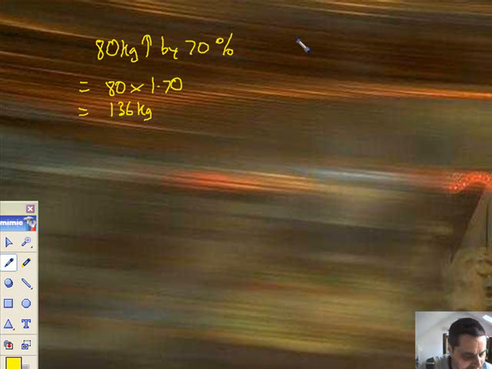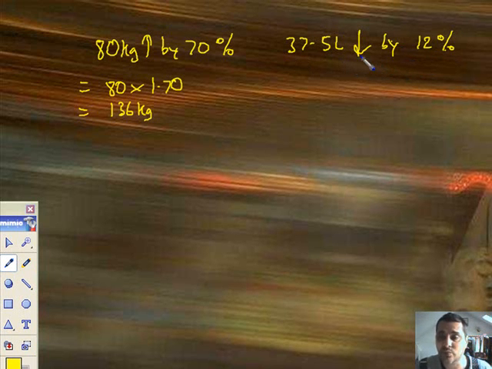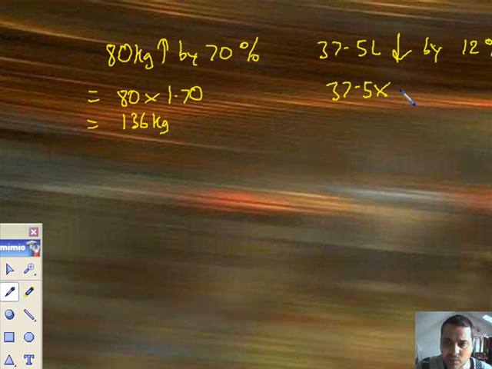Let's just do a decrease. I want to decrease 37.5 litres of I don't know what, so reduce it by 12%. Well, if I'm reducing by 12%, I must retain 88% of my original volume. So here I go. I'm going to go 37.5 multiplied by 0.88.